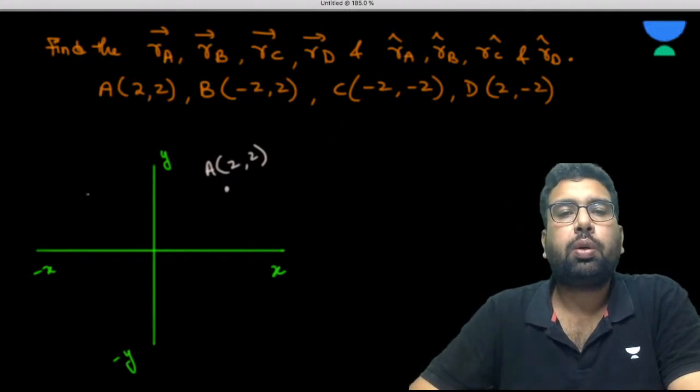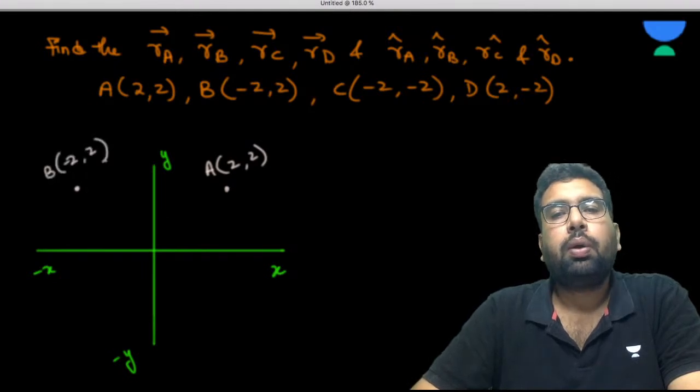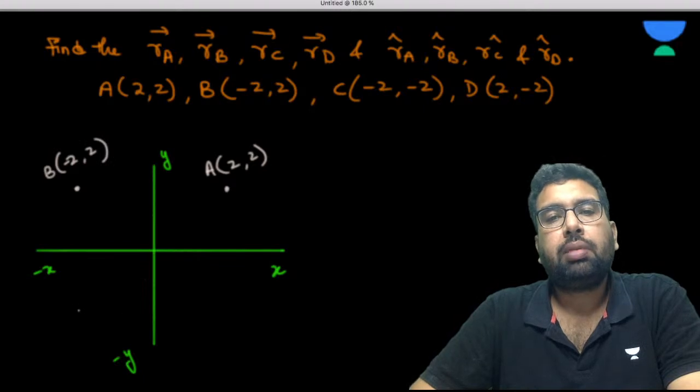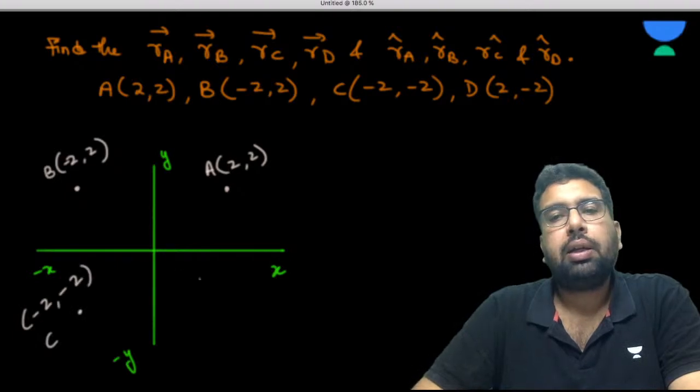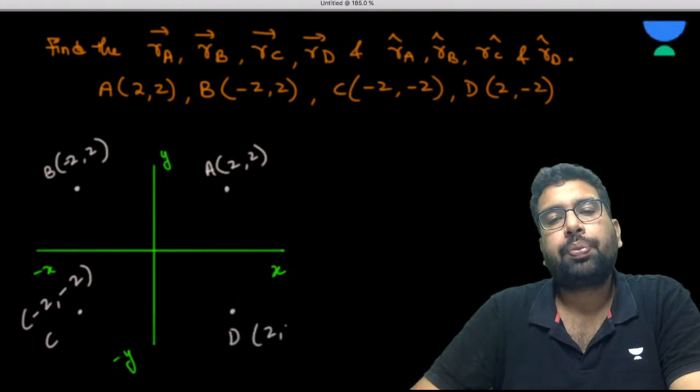B is going to be minus 2 and 2, so B will be somewhere here. Then we have C, minus 2 and minus 2. And D is going to be 2, minus 2, right?